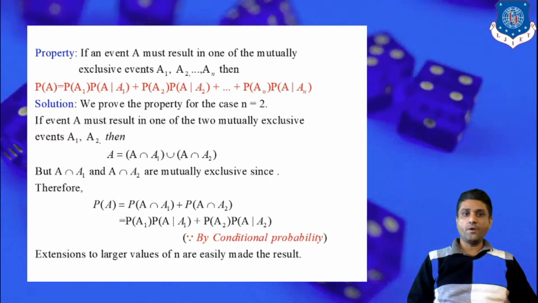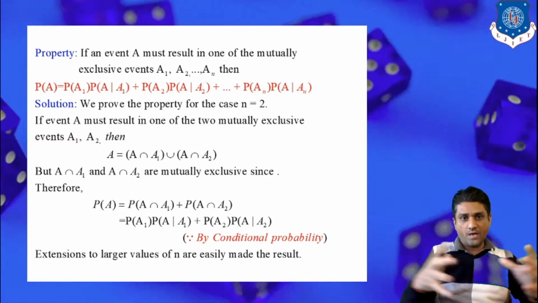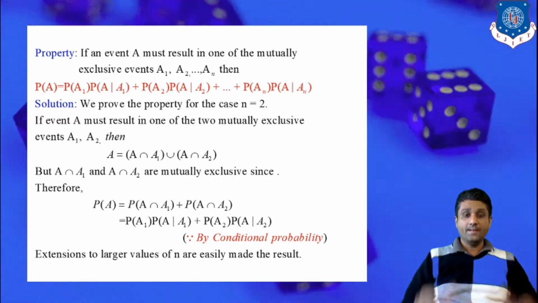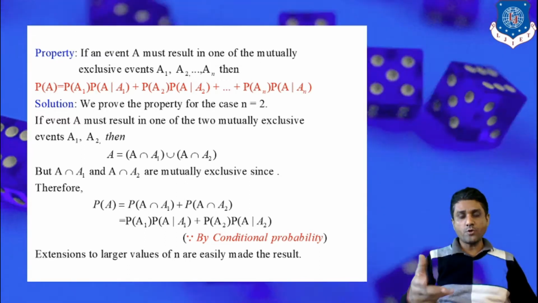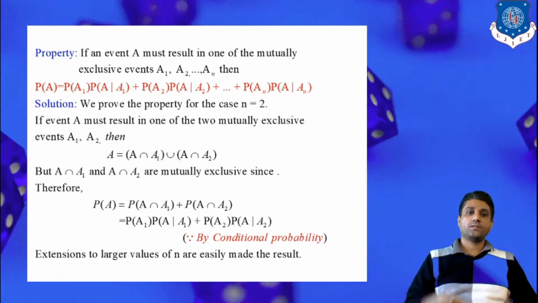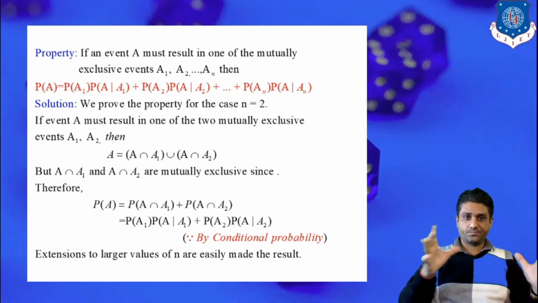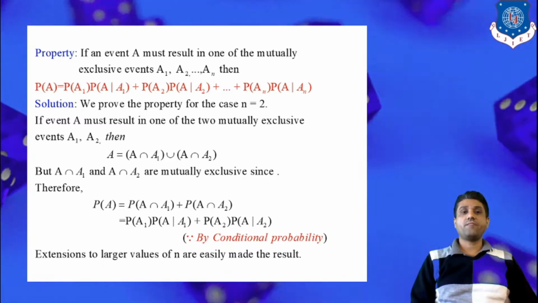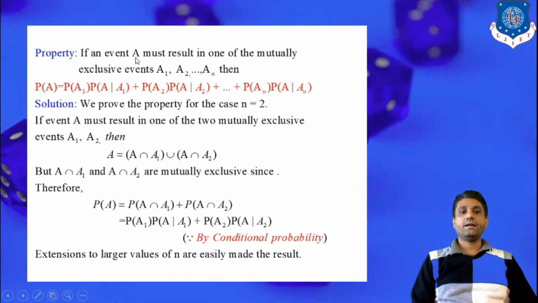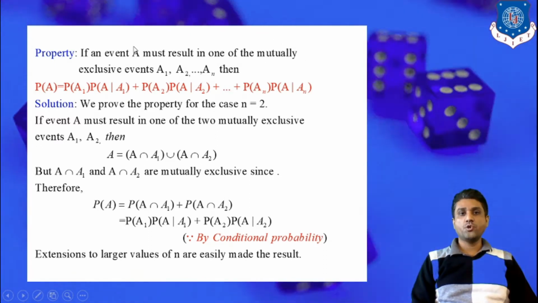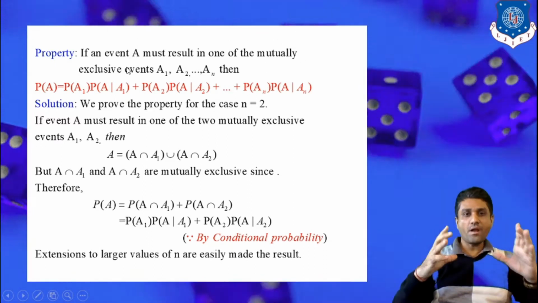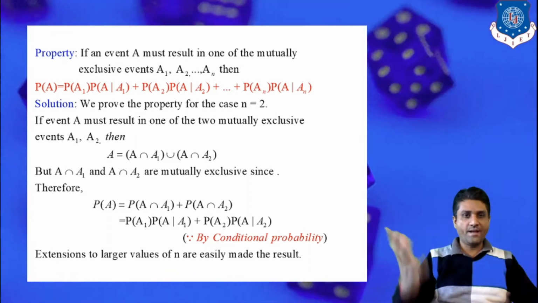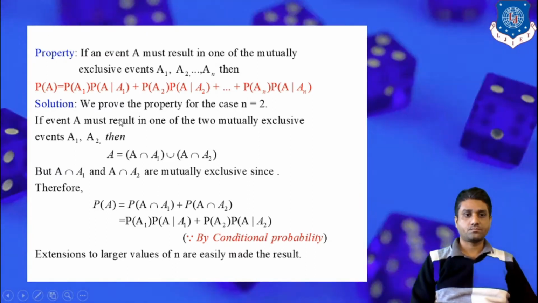The second condition: when we combine the two sets A1 and A2, that is A1 union A2, it produces the universal set, that is A. If these two conditions are satisfied, then we say that capital A is a combination of mutually exclusive events A1, A2, up to any finite number.